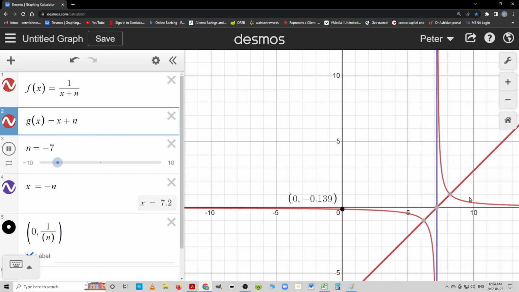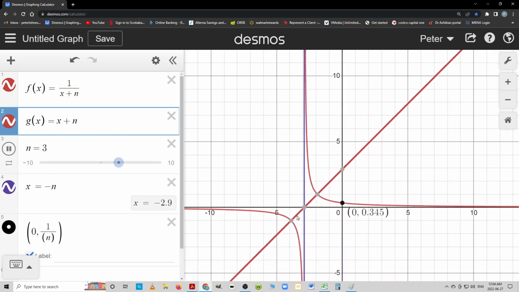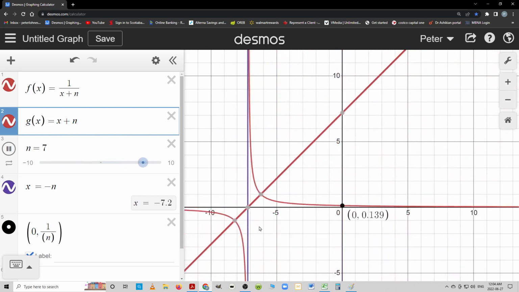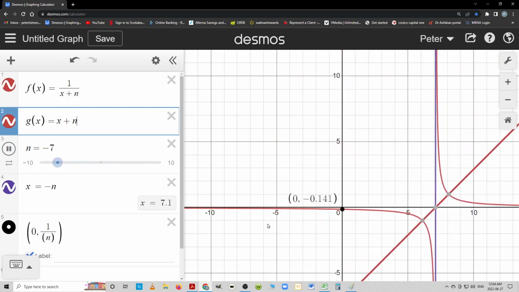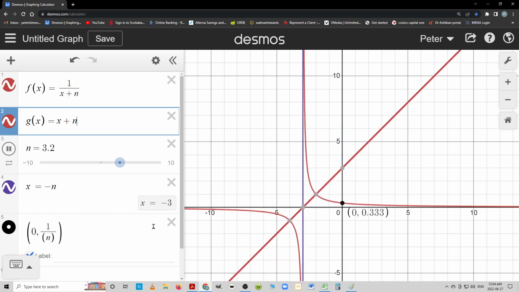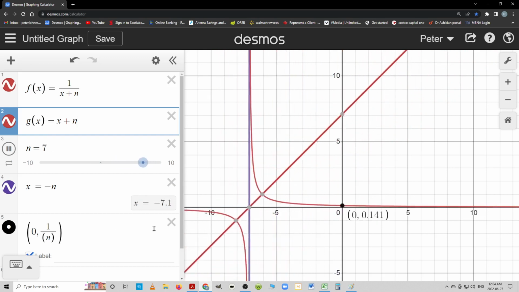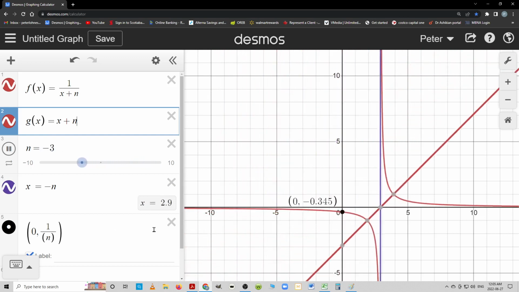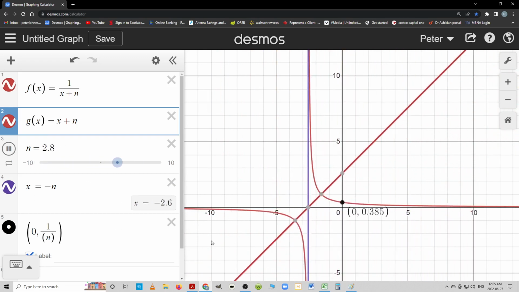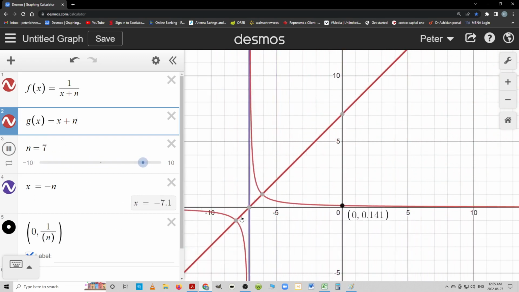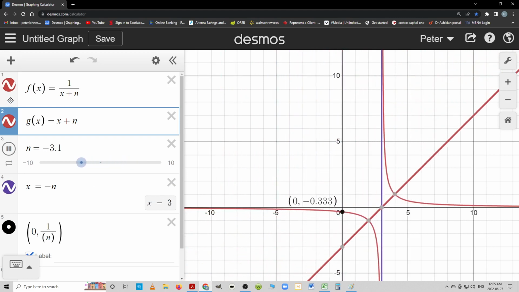So they're always going to intersect when y is 1 and when y is -1. That's because 1 over 1 is still 1 and 1 over -1 is still -1. And where the line's x-intercept is, that's where the asymptote of the parabola is.